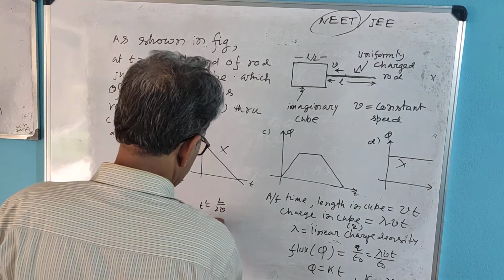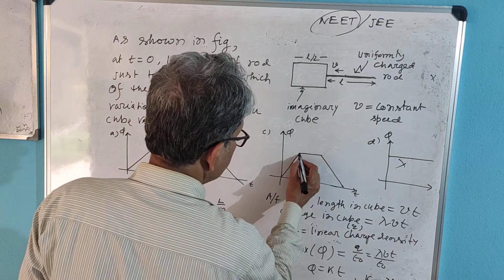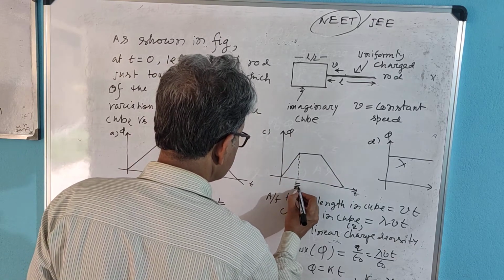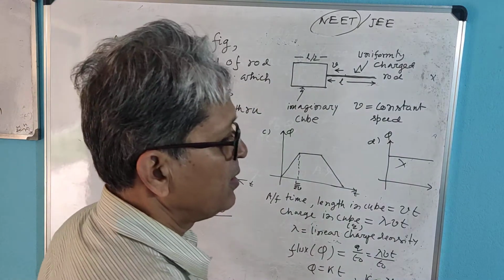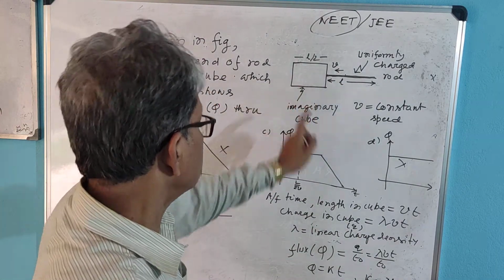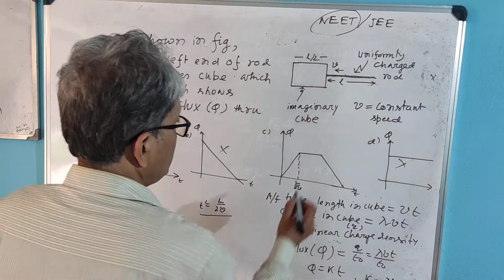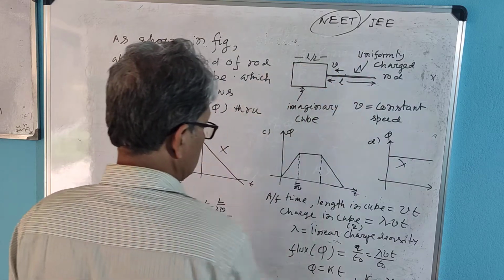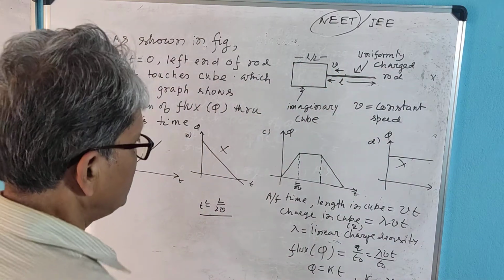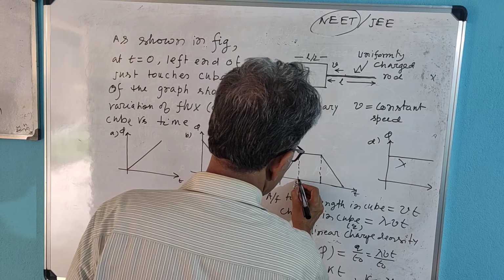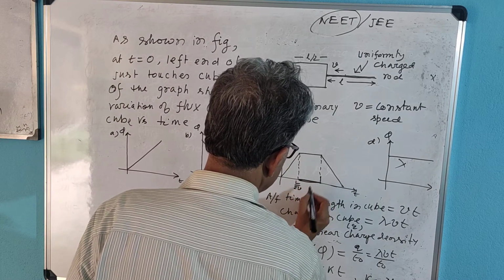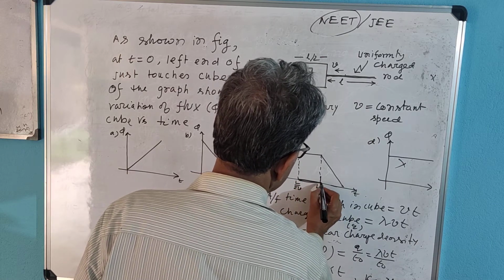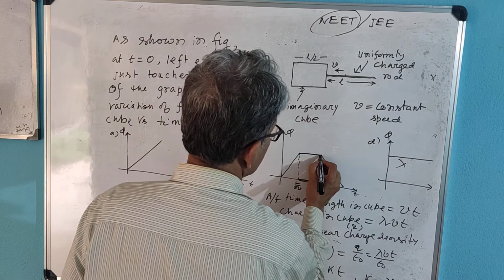So this straight line graph will be up to this. How much length has entered the cube? L by 2. Until the rest L by 2 enters, there will be no change of charge. This time is also L by 2v, that means this is L by v. So from L by 2v to L by v, the flux will remain constant.